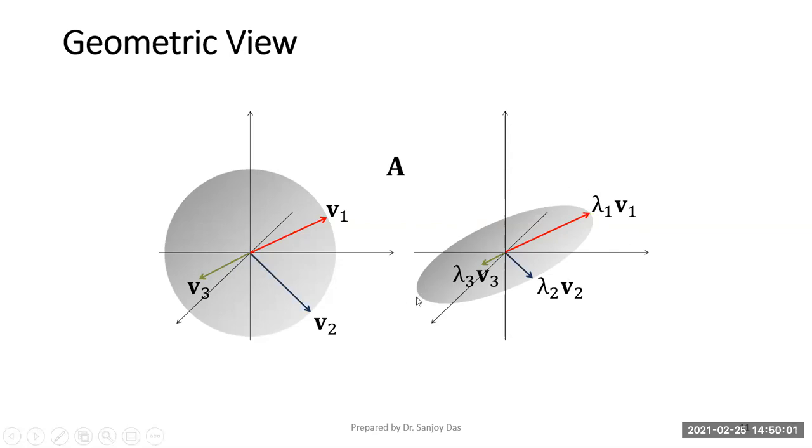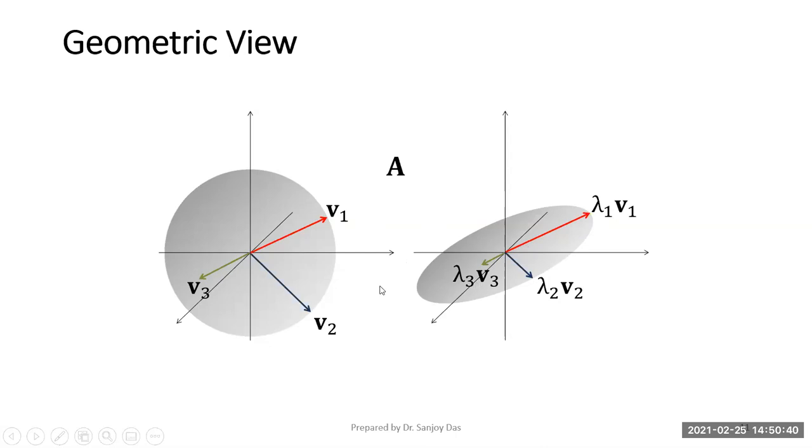The major axis, the largest axis, would be along V1, and the length of the vector along the axis from the origin, which is the center of the hyperellipsoid, along V1, is lambda 1.